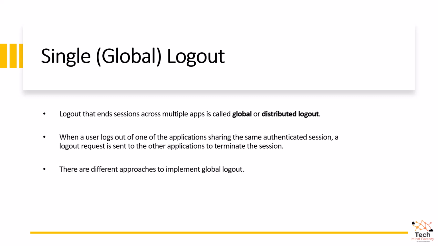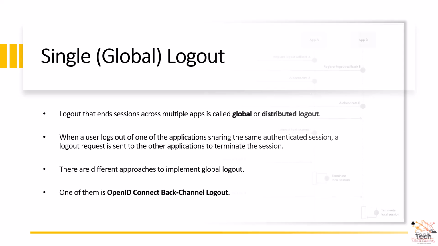There are different approaches to implement global logout, and one of them is OpenID Connect Back-Channel logout, okay? This is the standard for logging out proposed by the OpenID Foundation, and this standard is implemented by Auth0, and that's why I decided to create this video to discuss how it actually works.